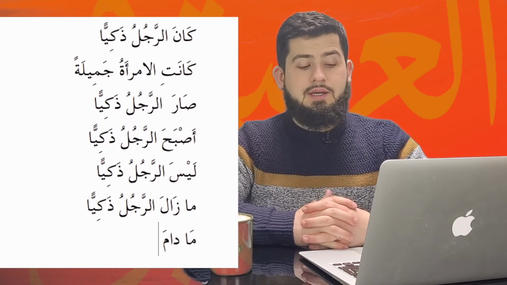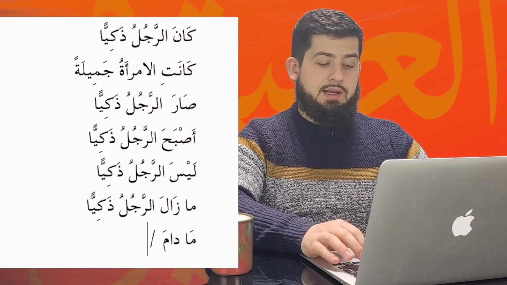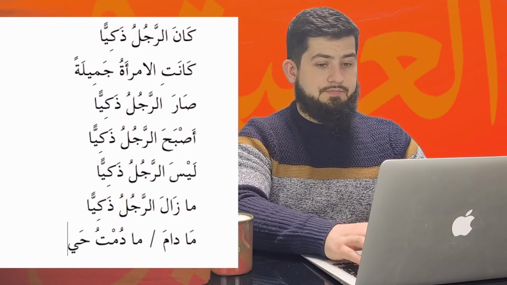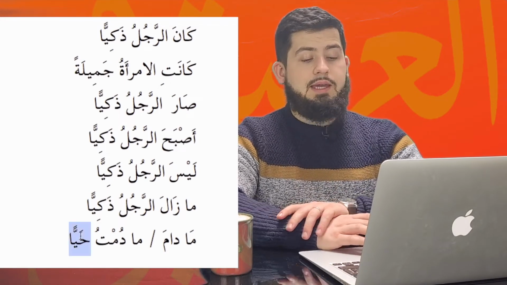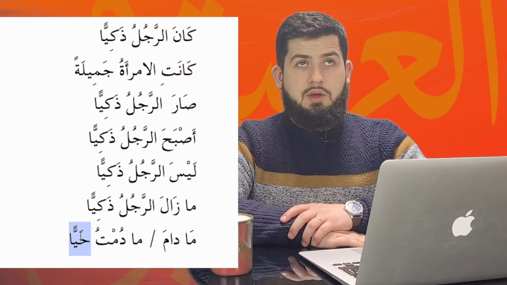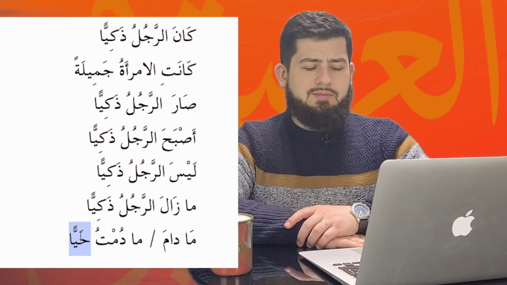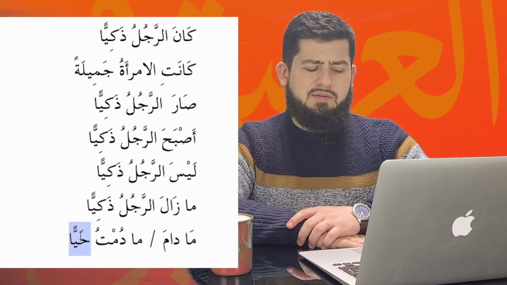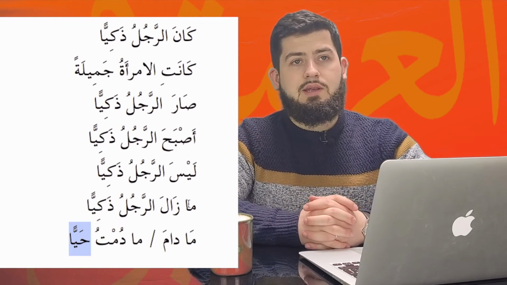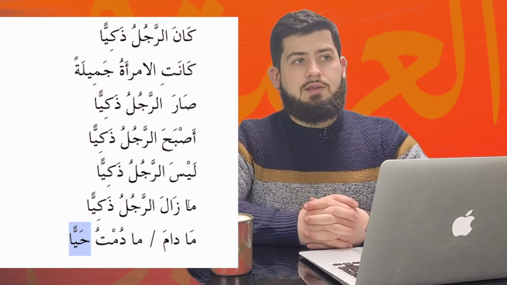So ما دام in the past tense for ana, for I, is ما دمت. So where Isa alayhi salam says ما دمت حيا, حيا means that you're living, if you are حي. ما دمت in this case would kind of mean I continue to live, but I don't believe, I've certainly never felt like ما زلت حيا would mean the same thing. ما زلت حيا sounds like literally I was still alive, but ما دمت حيا is sort of so long as I live.